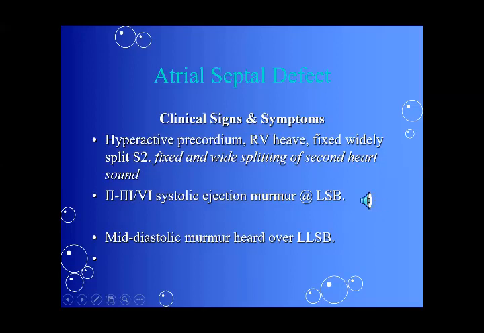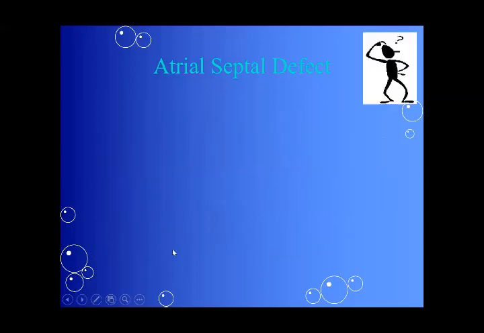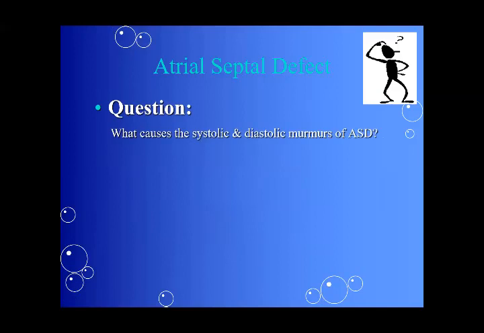Sometimes you have the mid-diastolic murmur in this condition as well. Now the question is, what causes the diastolic and the systolic murmur in ASD? You can write it in the chat box. I just told you why you have the systolic murmur. Anybody?